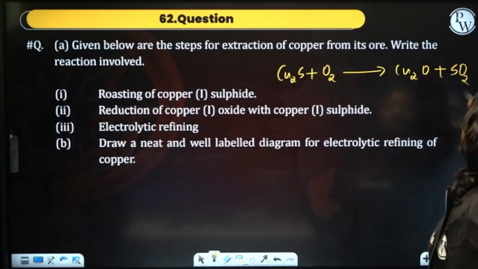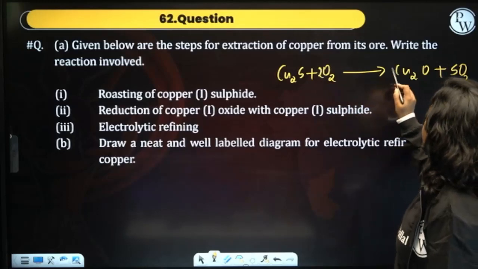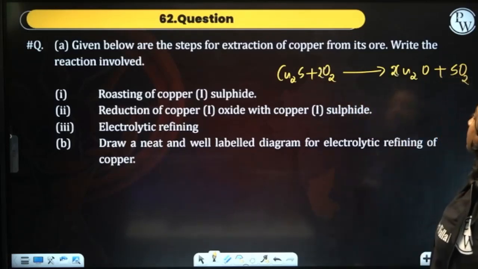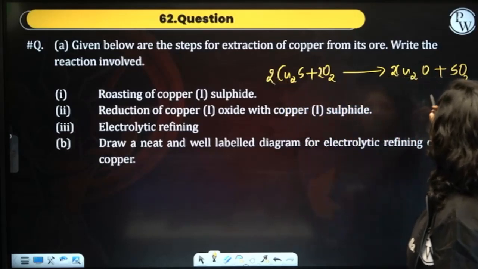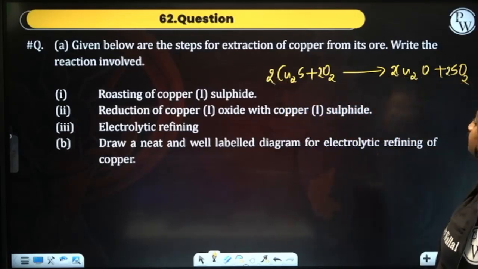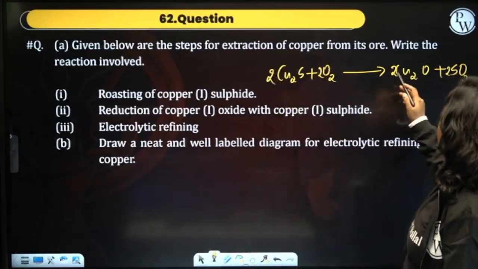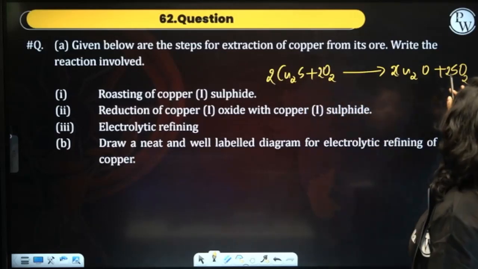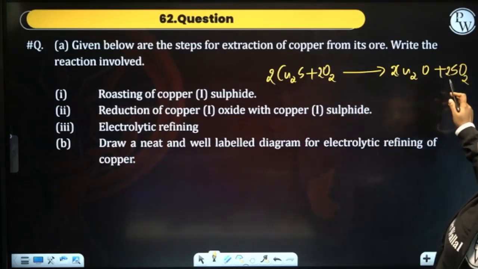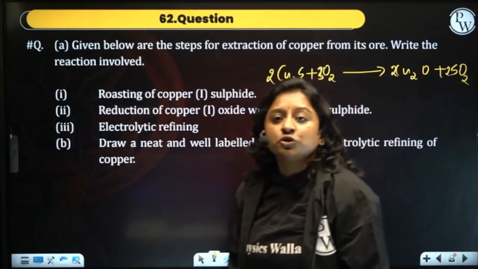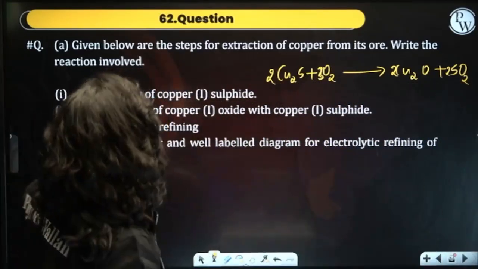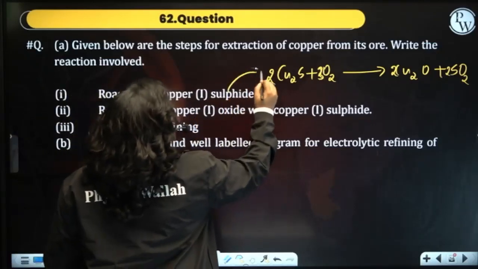Oxygen is not balanced here. So I'll write here 2 and this becomes 2. 2 2s are 4, so I'll write here 2 again, and this becomes 2. So copper is 2 2s are 4, 2 sulfur, 2 sulfur. 2 oxygen plus 2 2s are 4 oxygen, 6 oxygen it becomes. So I should multiply this side by 3. Okay, this is the equation.